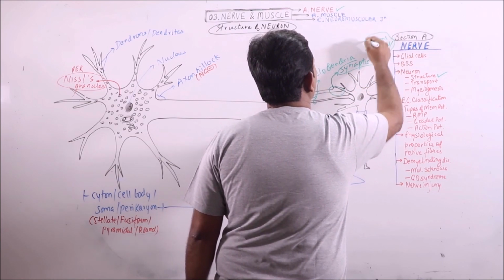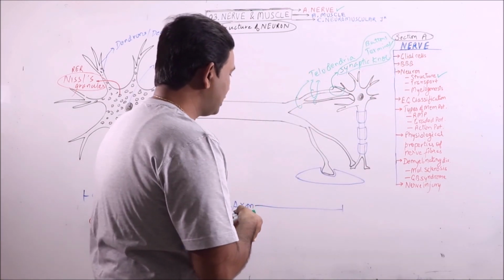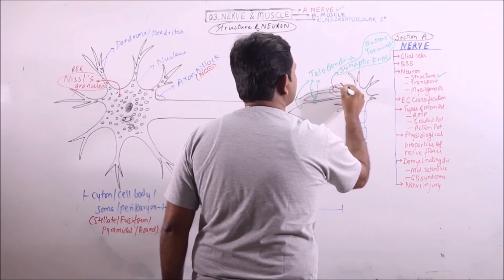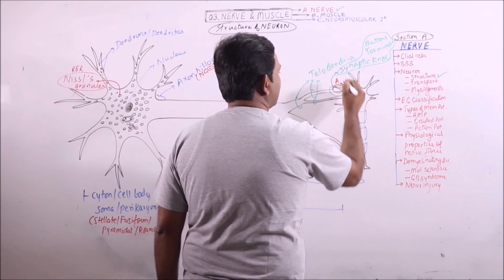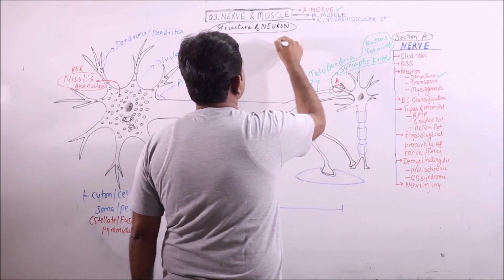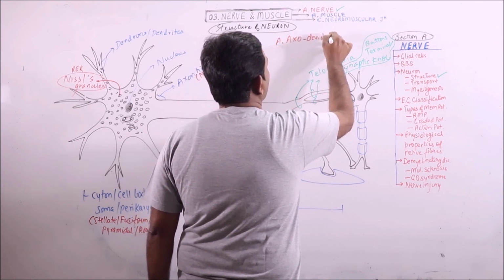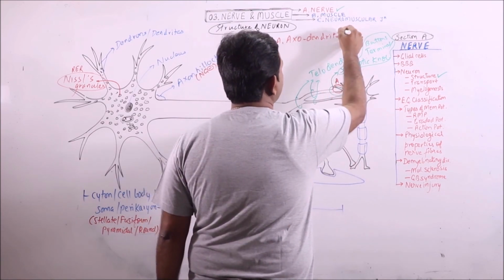When this terminal button ends upon a dendrite, it is exodendritic synapse, which is most common type of synapse.